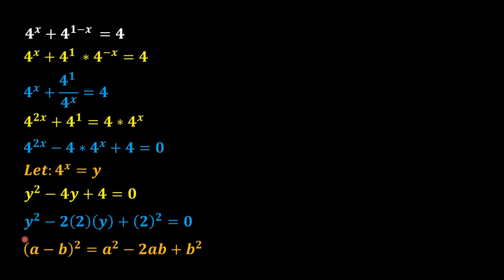If y is a and 2 is b, then this value satisfies this equation, so we can replace a with y and b with 2, and this will be back as (y minus 2)^2 equal to 0, by replacing a with y and b with 2.